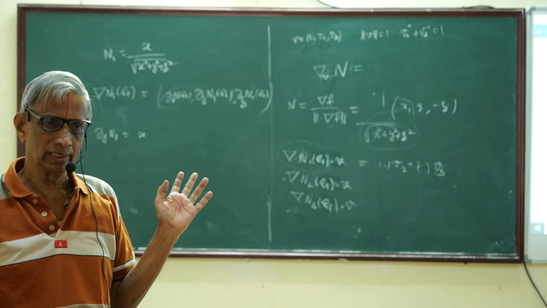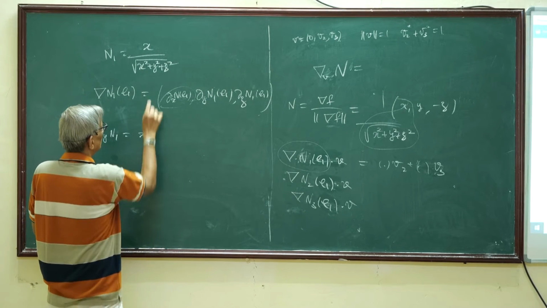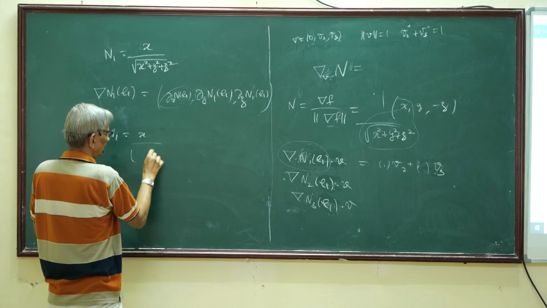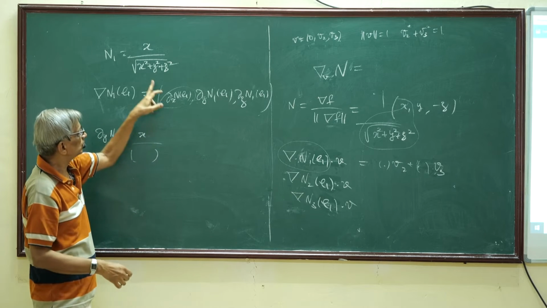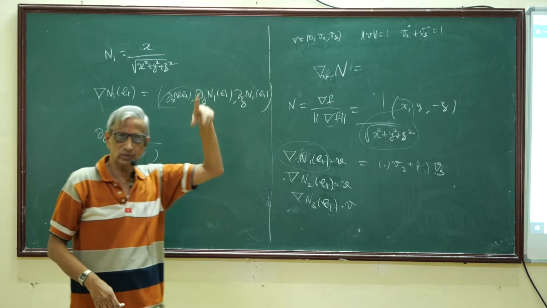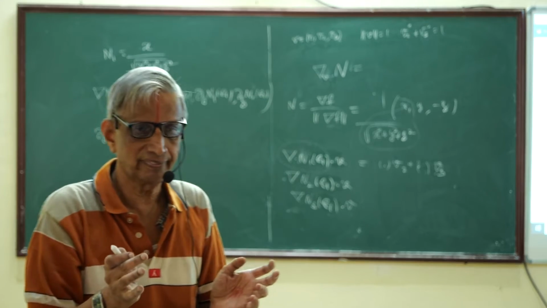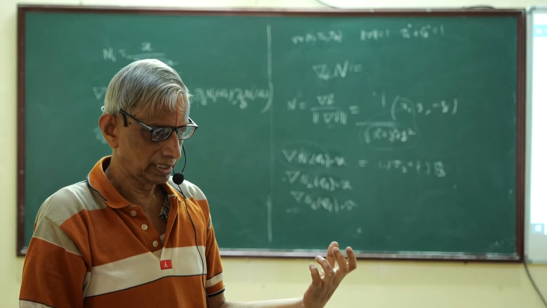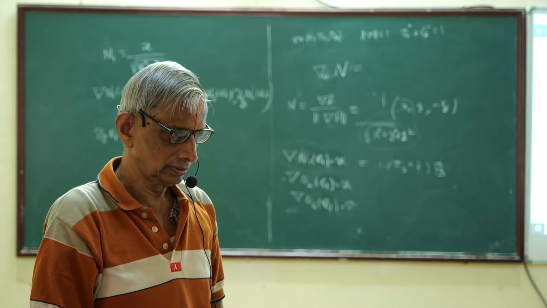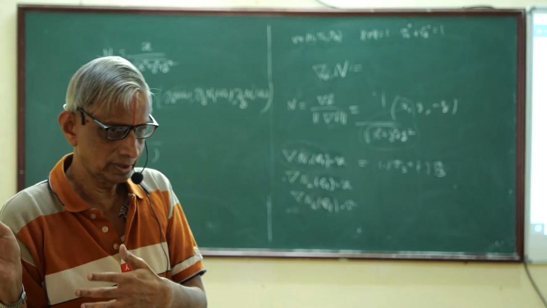So what will you get? 1 by this power minus half, you have to differentiate the square root, 1 by square root of x squared plus y squared plus z squared, power minus half. Okay, so minus half into this power 3 by 2, right?